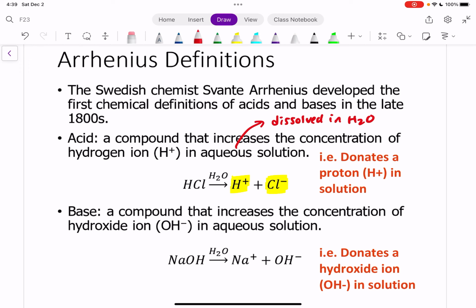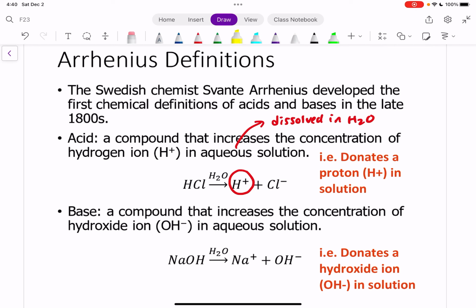And then hydrogen is in group 1A, so it's going to want to lose 1 electron usually, and that's going to form the hydrogen ion. So when we put this HCl in water, it's going to dissociate or break up into these ions. And because hydrochloric acid ends up increasing the concentration of H+ in solution, we can think of hydrochloric acid as an acid.